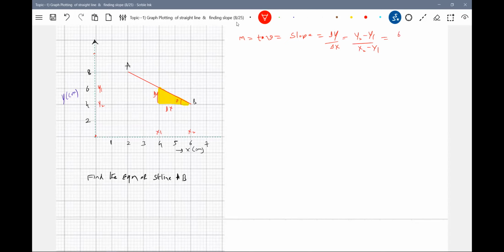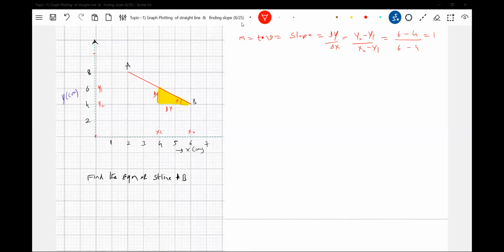Y2 is 6 minus 4, x2 is 6 minus 4. So this will become 1. So what is the value of slope? Slope is equal to 1.